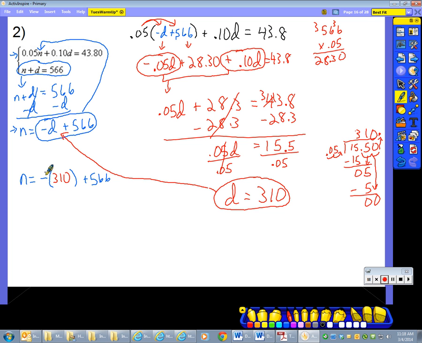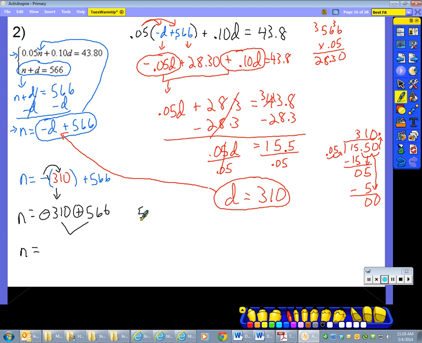Alright, so a negative 1 times 310 is going to be a negative 310 and a positive 566. You learned back in 7th grade that when your signs are different and you're combining, that means to subtract.